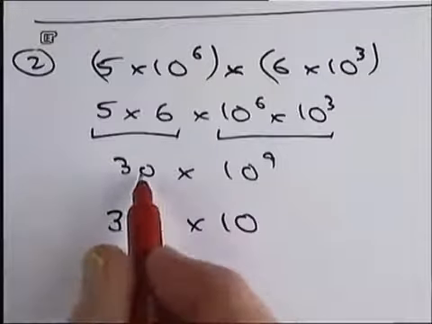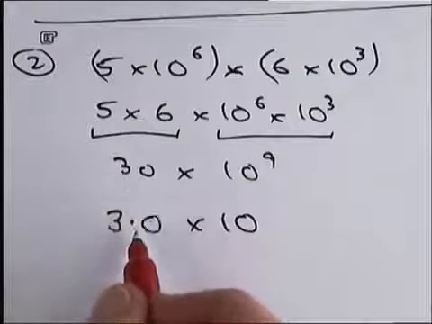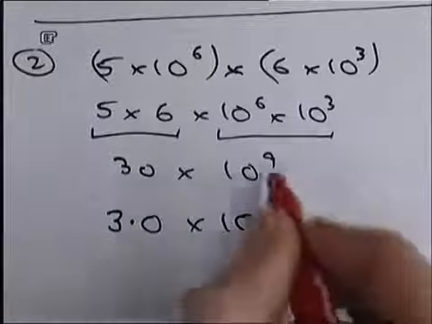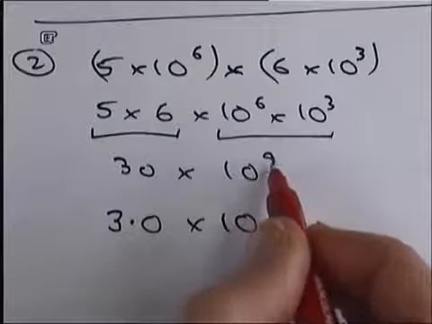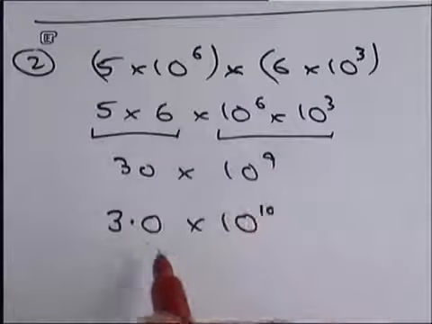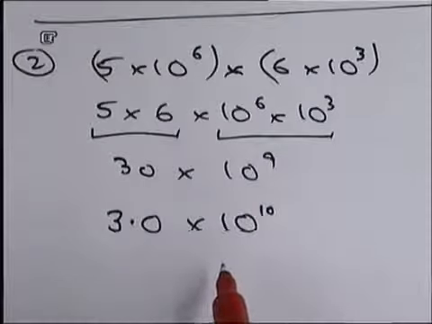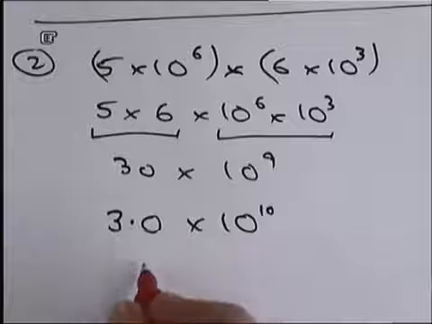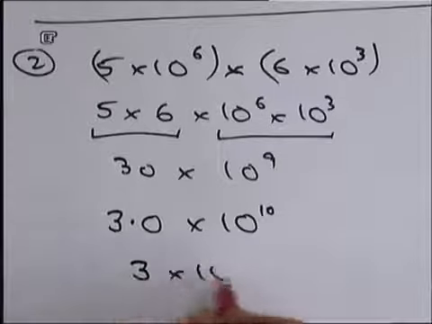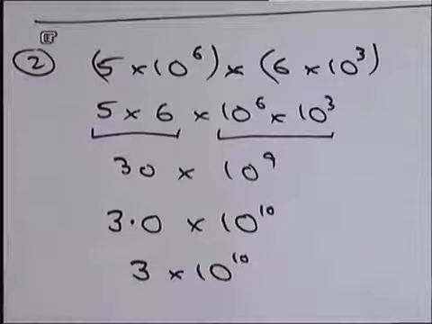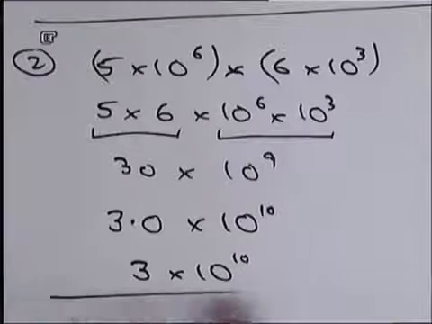So if I've made this number smaller, by dividing it by 10, I need an extra 10 here. So what I do is I add 1 onto that power. So I will get 3.0 times 10 to the power of 10. You could, if you want to, miss out the 0.0 there and just write it down as 3 times 10 to the power of 10.